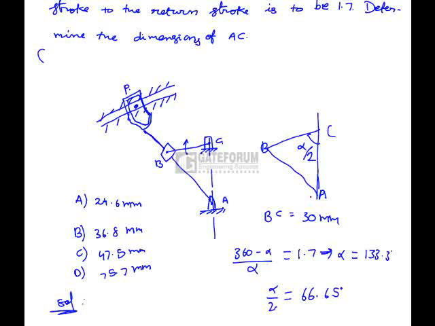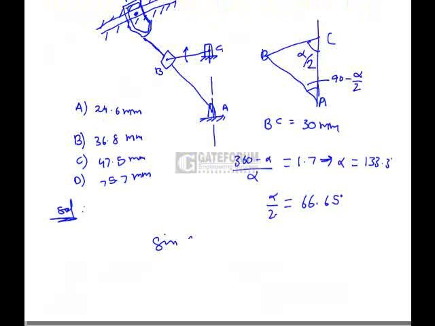Now let us say ABC is a right angle triangle at some position. At that position the angle made by AB is equal to 90 minus alpha by 2. So sin(90 minus alpha by 2) can be taken as opposite side by hypotenuse, which is equal to BC by AC.